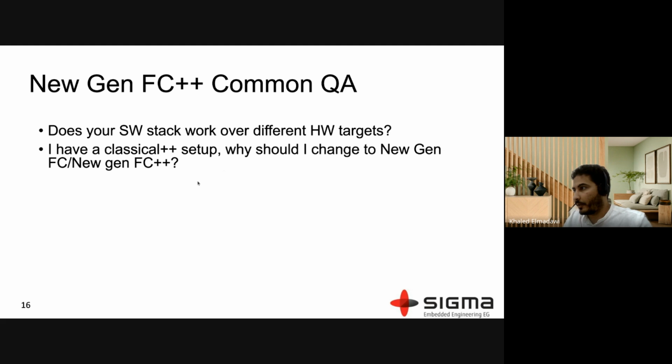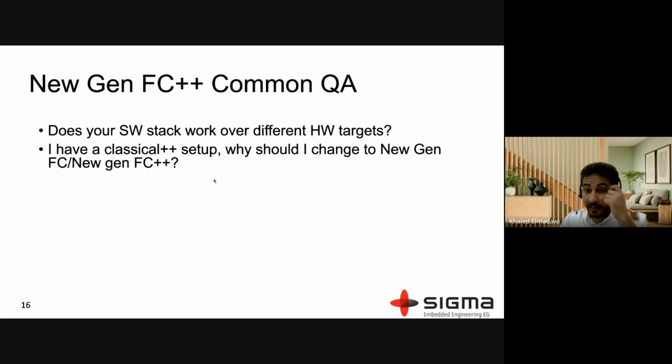Second question that we are frequently asked: today I have a classical plus setup. Why should I change my setup from the classical plus to a new generation or a new generation plus? Simply, the need to change something like this totally depends on your needs.